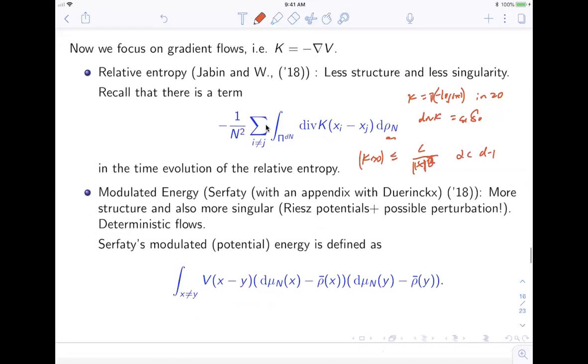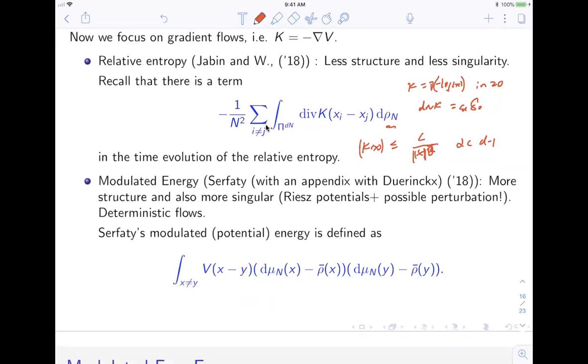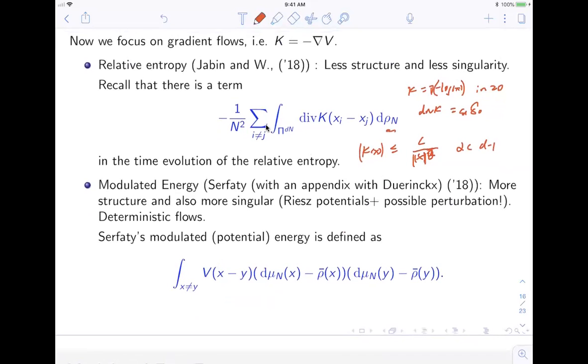Later, we realized we should combine this with the deterministic system. Serfaty introduced this type of quantity, and she called this the modulated energy. It's really modulating the potential energy.